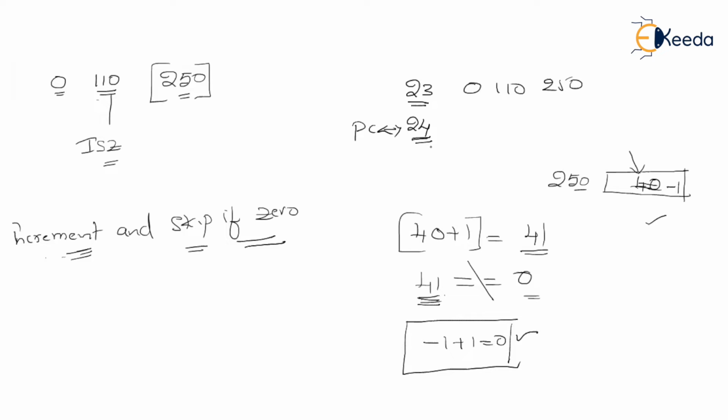As it is 0, we need to skip the next instruction. Once again, in a nutshell, ISZ is going to increment an operand and check if it is equal to 0. If it is equal to 0, it is going to skip the next instruction. If it is not equal to 0, it won't skip the next instruction. This is what increment and skip if 0 is.